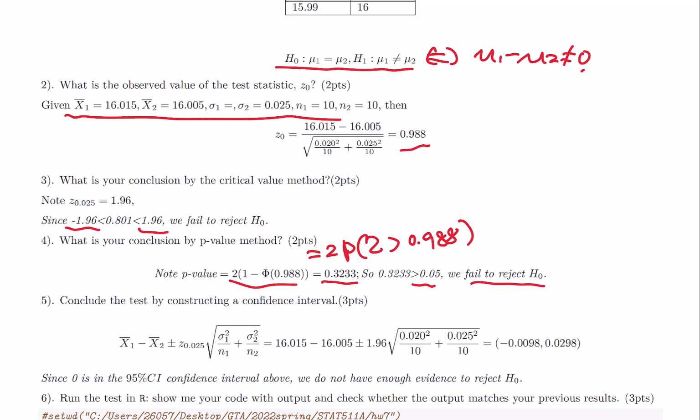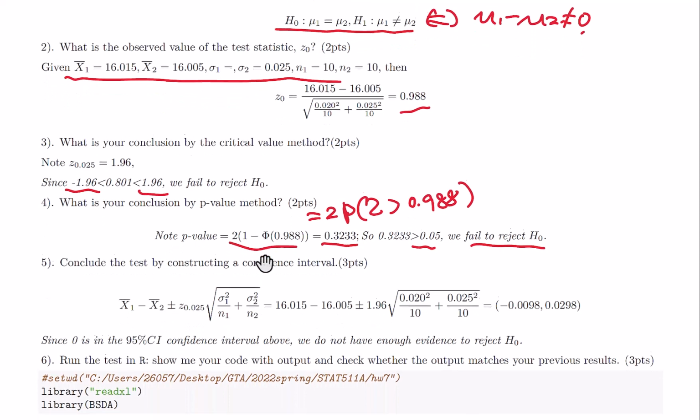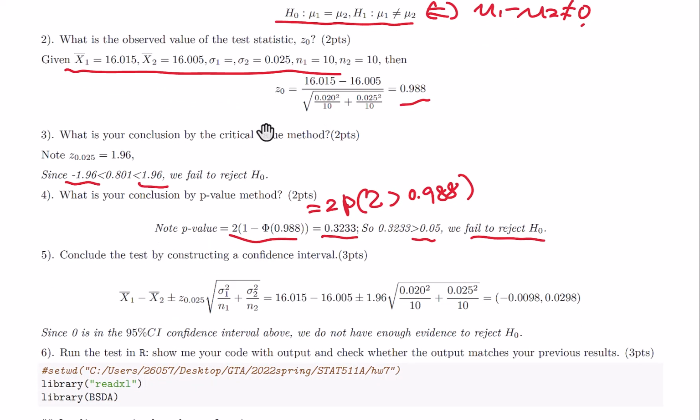And then the last one is for the confidence interval. For alpha equals 0.05, our confidence interval should be 95%. That's why this Z is still 1.96 here. And then we plug in the values, that's the two ends.